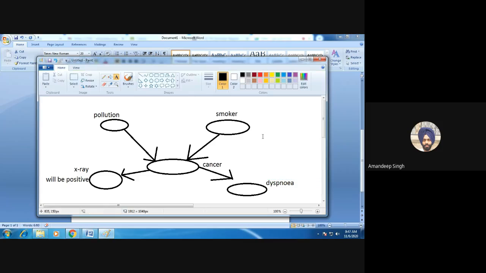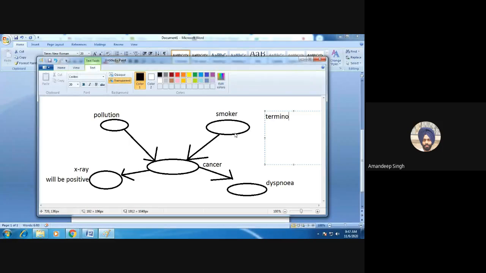Fine. Now the terminology that we are discussing here in this diagram is, nodes we are discussing, then the parent and the child, that is if an arc is there from former to later.